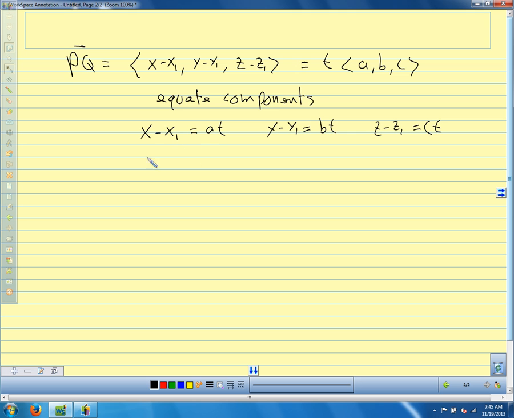And I rearrange these because x1, y1, and z1 are given points on the line. So we're going to write in terms of our variable point that x equals x1 plus at, y equals y1 plus bt, and z equals z1 plus ct. We call this the standard or the parametric form of a line in space.